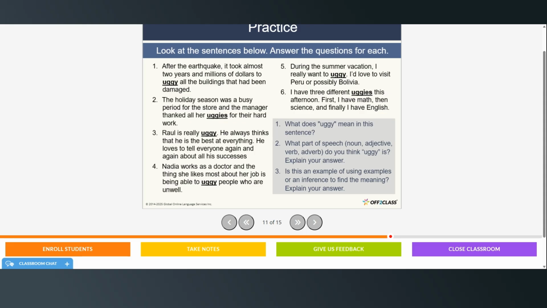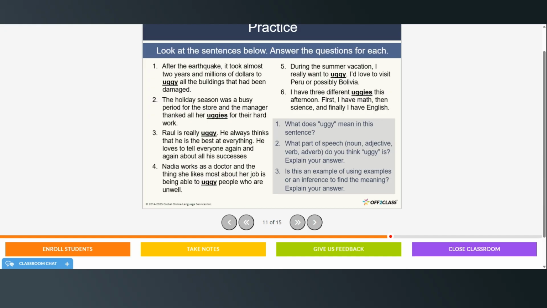Nadia works as a doctor, and the thing she likes most about her job is being able to ugly people who are unwell. Here, ugly probably means to cure or to help. It would be a verb because of the infinitive, to ugly, to help.